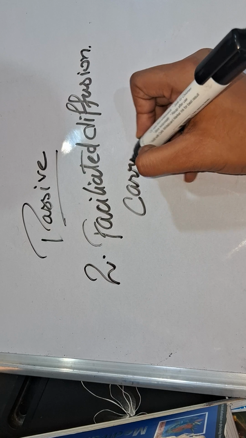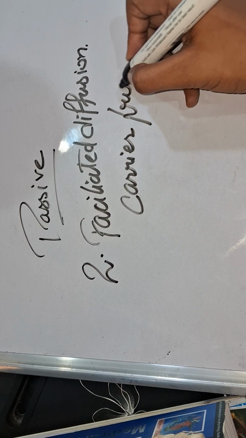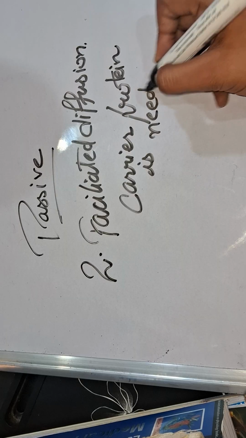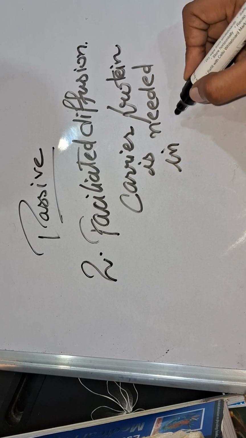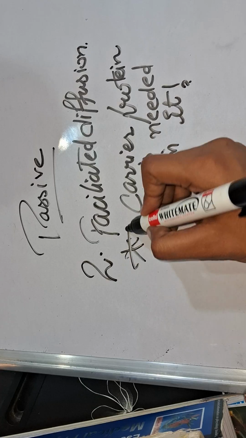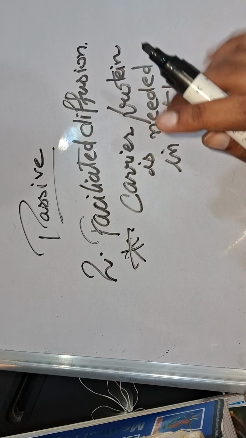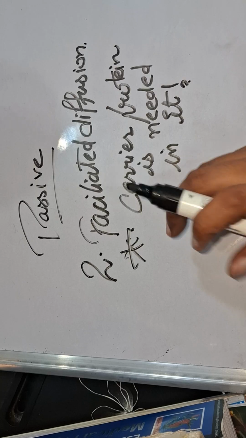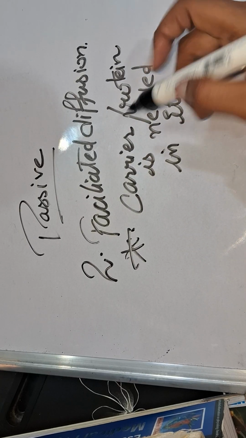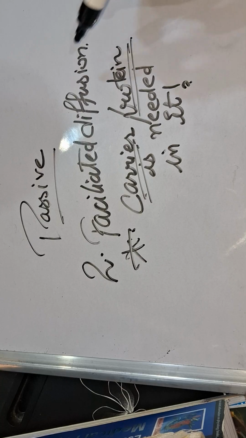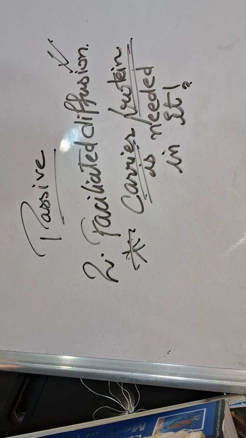Carrier protein is needed in it. Basically, the solutes will also move from higher concentration to lower concentration, but the difference is carrier protein will be needed to have the facilitated diffusion.